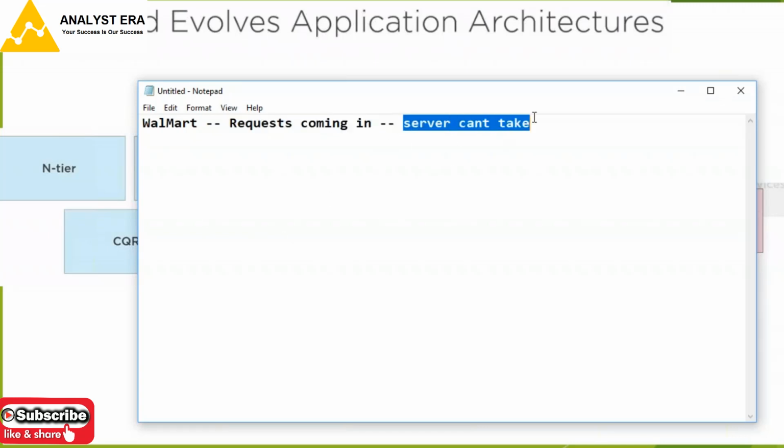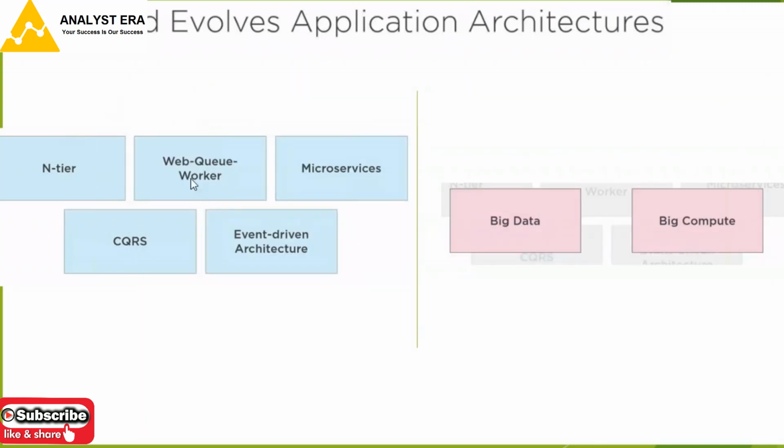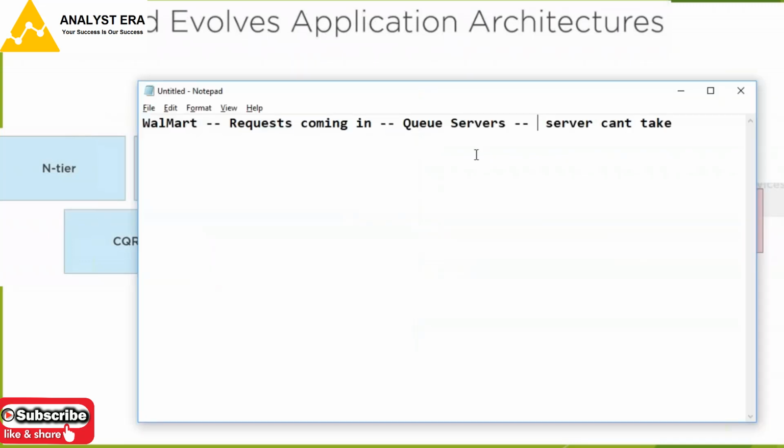Instead of directly triggering the request to the server, they will put queuing servers. That is your web queue worker. These servers just take in these requests and queue them. So the customer is happily ordering something and moving on.